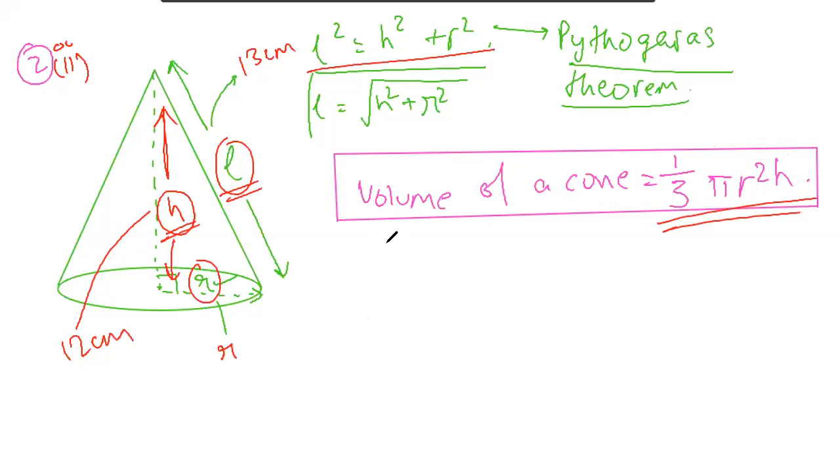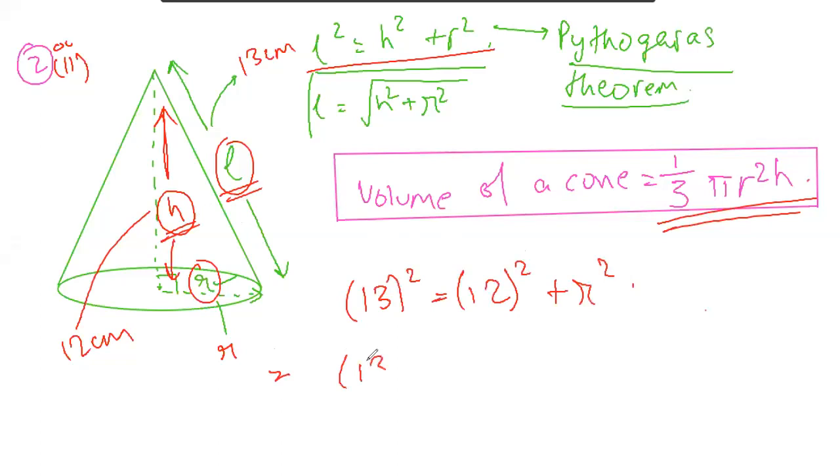So L square is equal to h square plus r square, therefore 13 whole square is equal to h square plus r square. Now thankfully h is given, which is 12 whole square, but r is not given, so we'll assume it as r square.